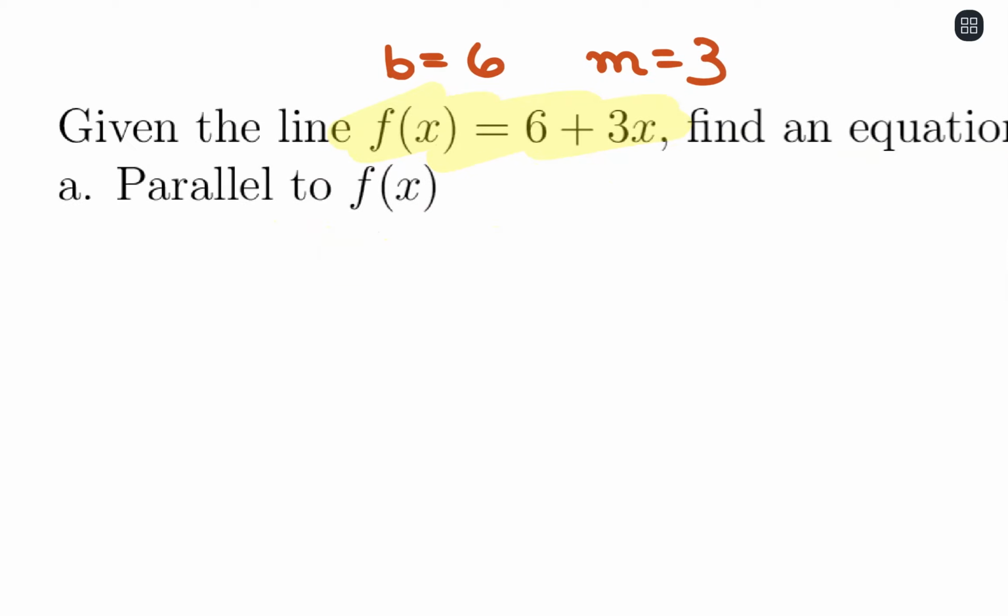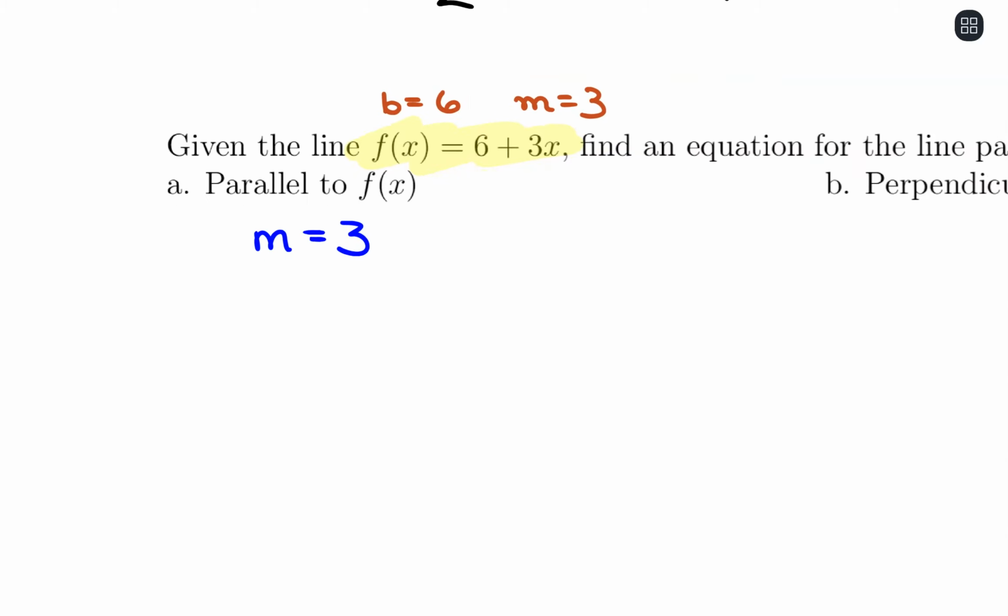Forming the parallel line, I want to use that same slope, so m equals 3. What should change is the y-intercept. In y equals mx plus b, I have m equals 3, but I don't know what b is yet.